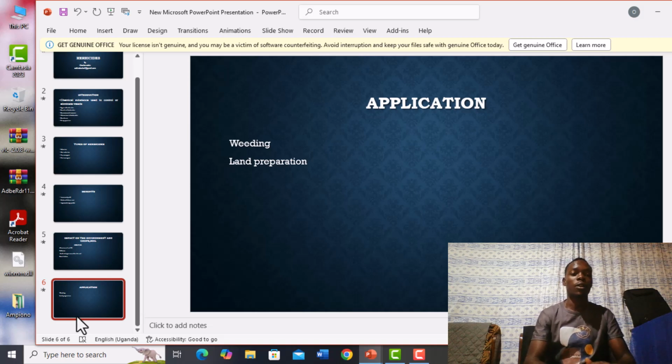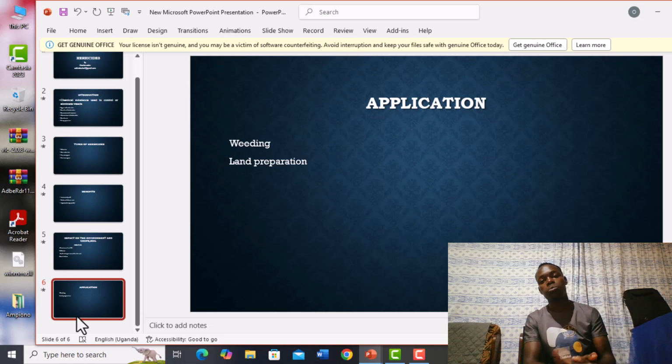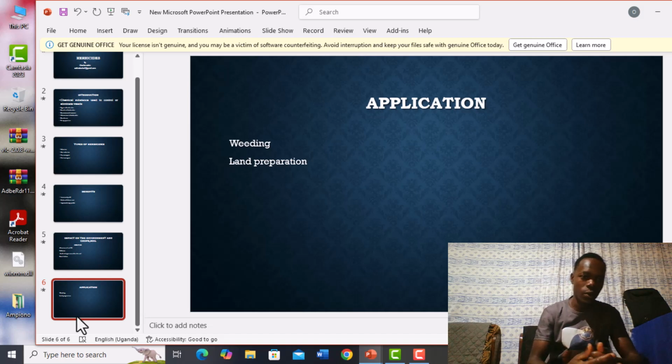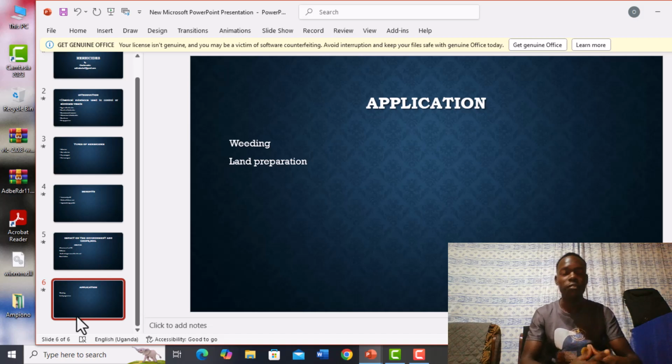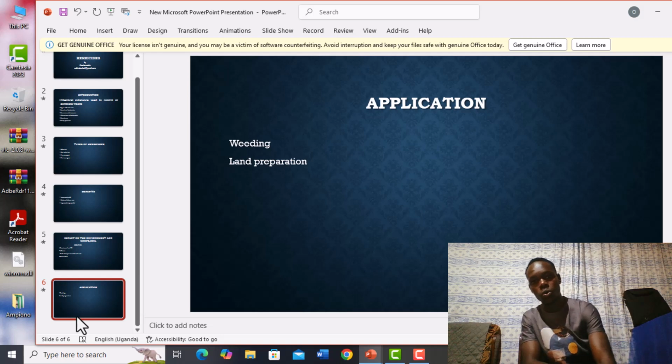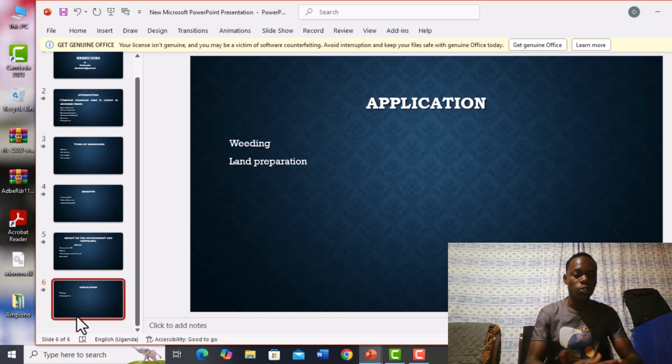Now, how does this concern us in our daily life? I advise farmers to always use what we call the integrated method, combining the mechanical, the chemical, and even the manual methods of weed control.